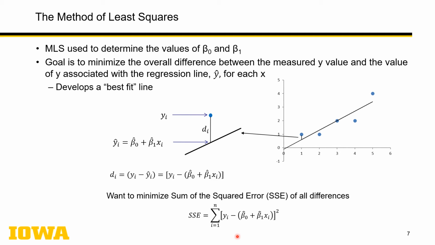So now it's just a matter of trying to determine a method for mathematically getting at the sum of squared error that is minimized by the correct choice, so to speak, of beta naught and beta 1.